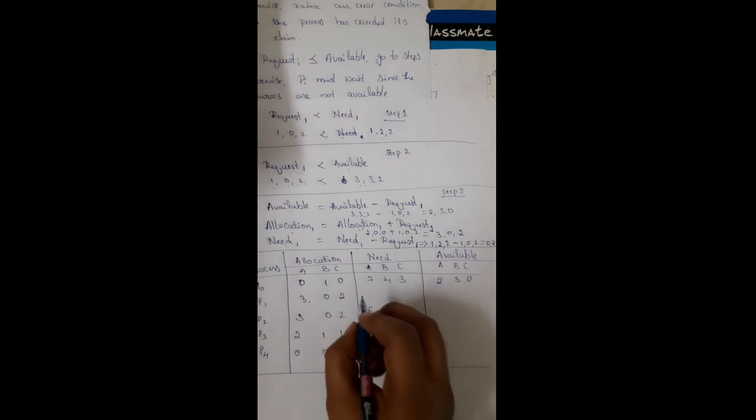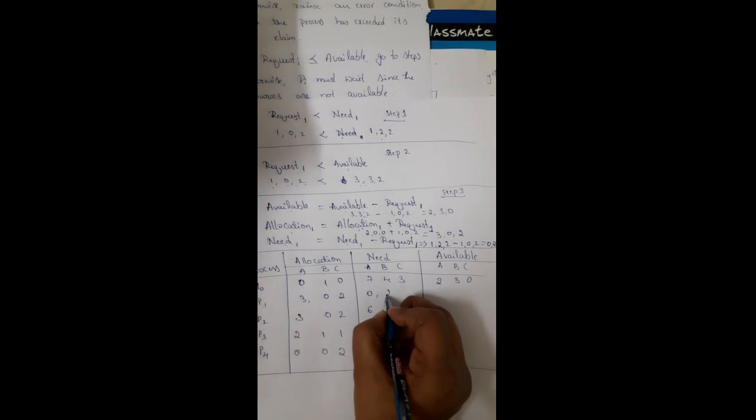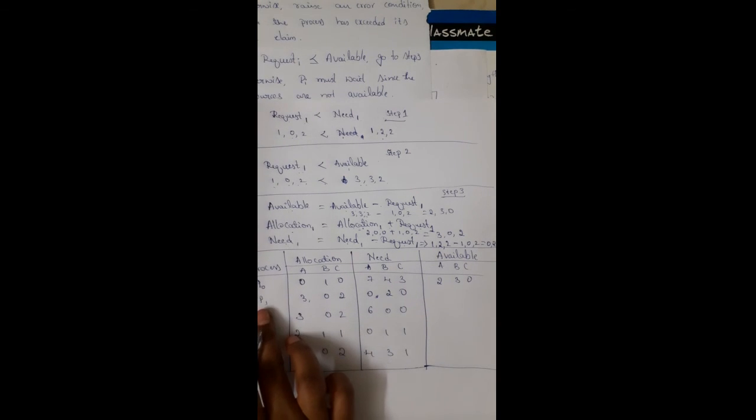Subtract it. 1 minus 1 is 0, 2 minus 0 is 2, and 2 minus 2 is 0. So need of this process is 0 2 0.